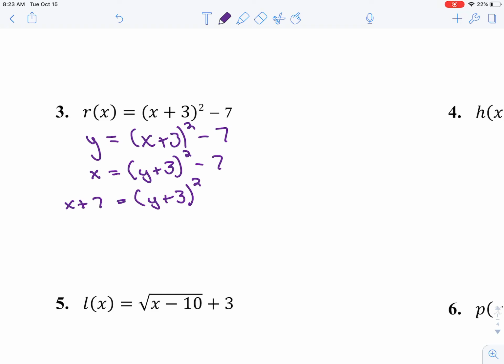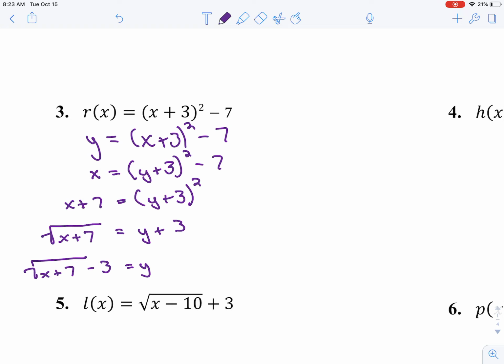And then I'm going to take the square root of both sides. Remember, the square root goes over everything. And then I'm going to take away 3. There it is. So that is kind of how number 3 is going to work. And we've done the inverse.